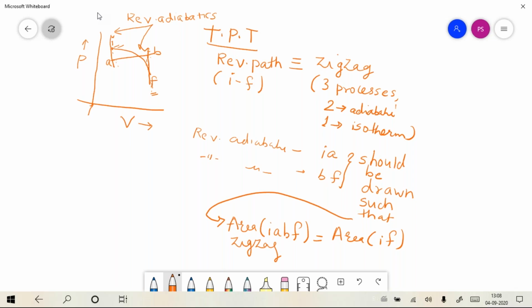It's a matter of construction. I have not drawn it proportionately, but you can draw it in your notebooks and make sure that the area under IABF is equal to the area under I to F.